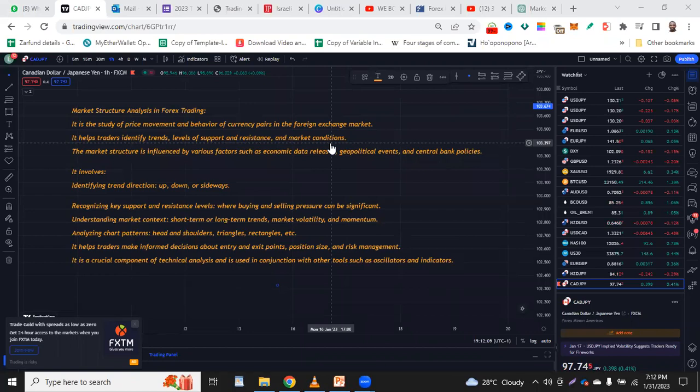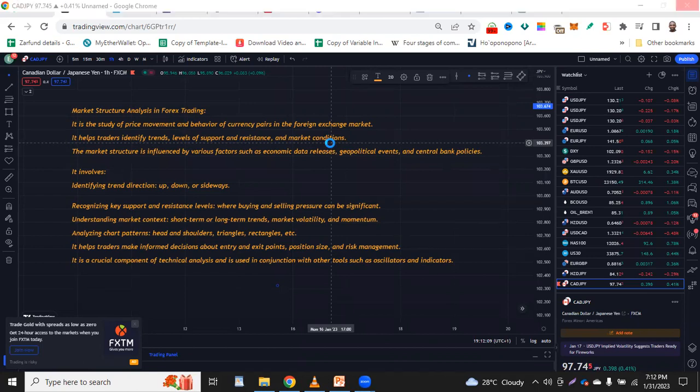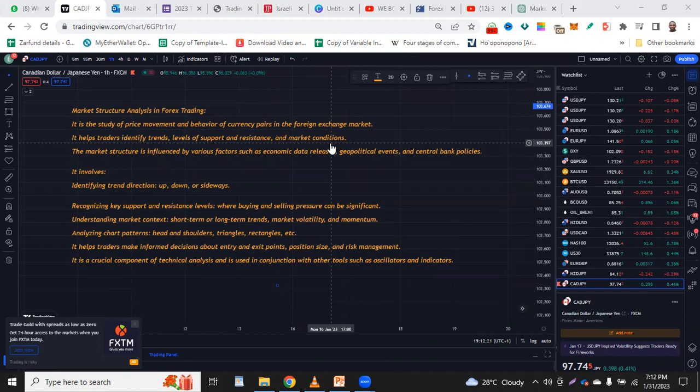But what happens when you know there's a news event coming, and when it happens, the market is affected heavily? That news event is a surprising economic news release, and it affects the market in a very significant way.